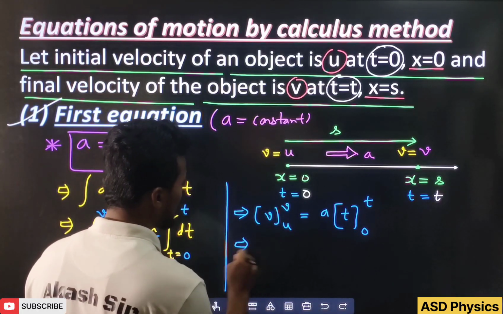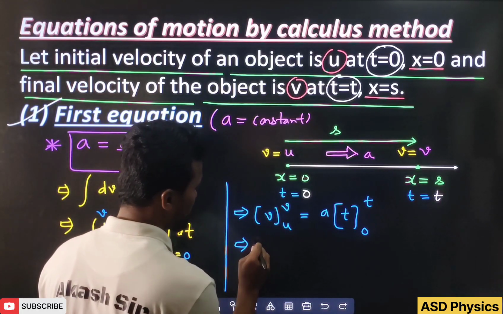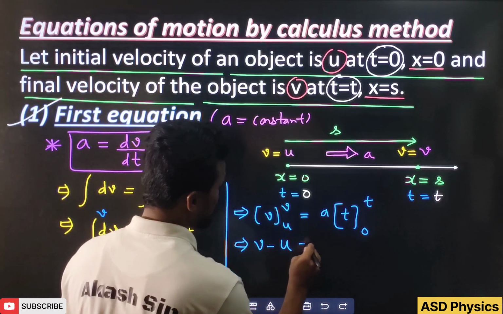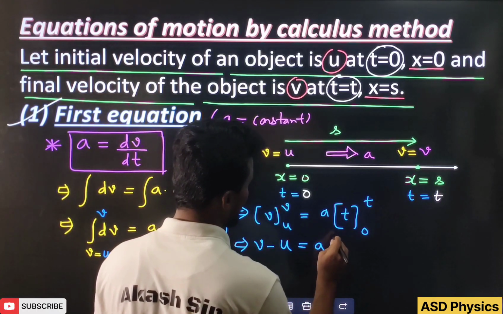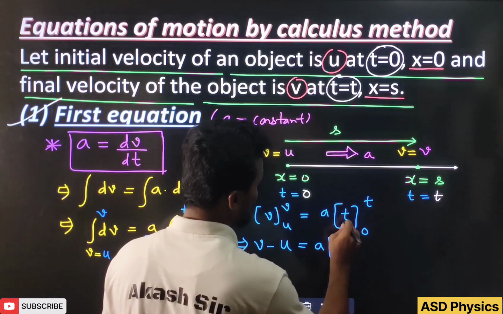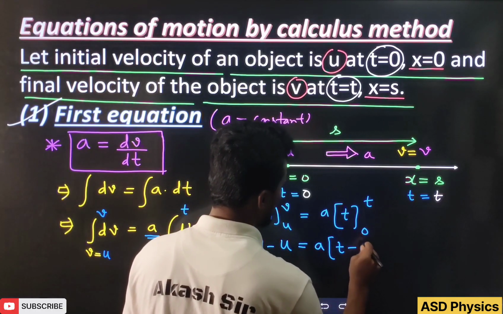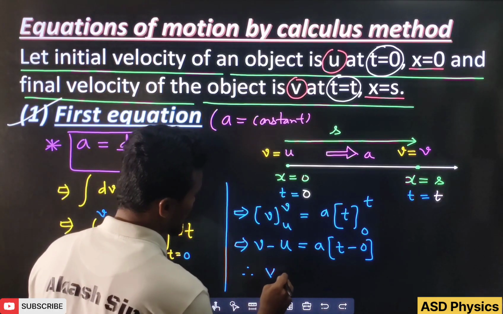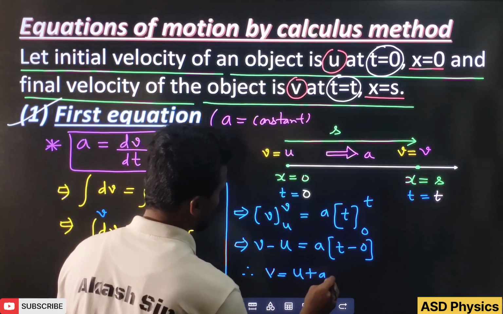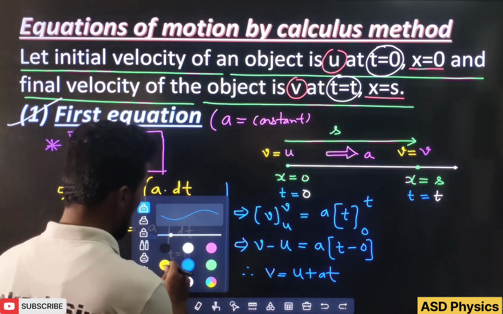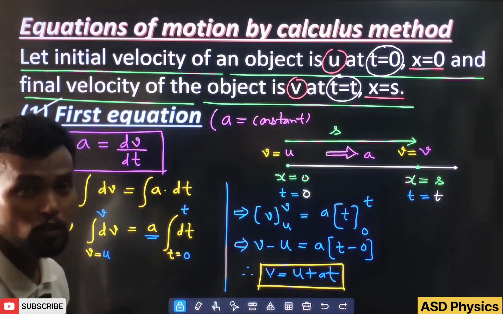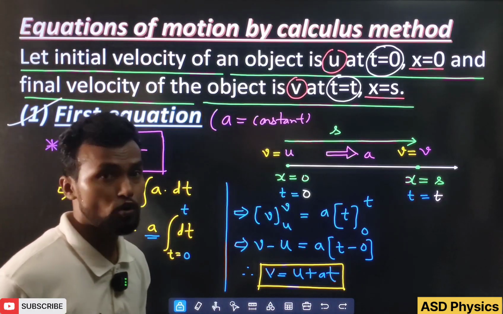We put the upper limit v minus the lower limit u, so v minus u is equal to a times the upper limit t minus the lower limit 0. When you simplify this, it becomes v equal to u plus at. Remember that this is the first equation of motion: v equal to u plus at, when a is constant.